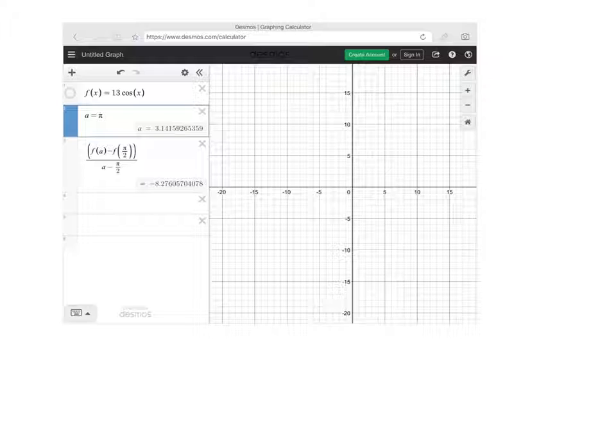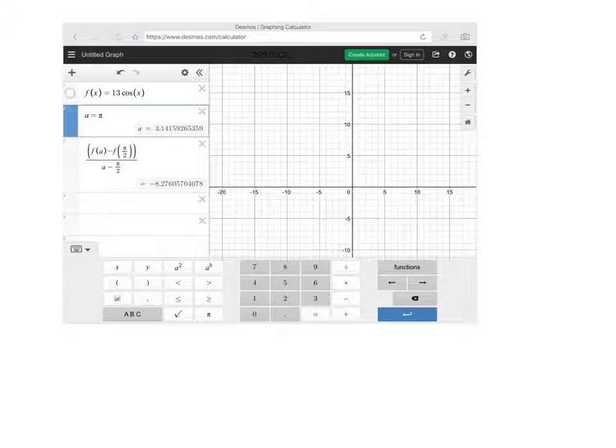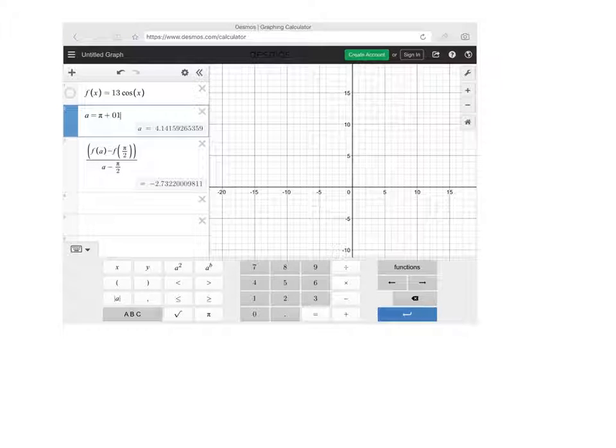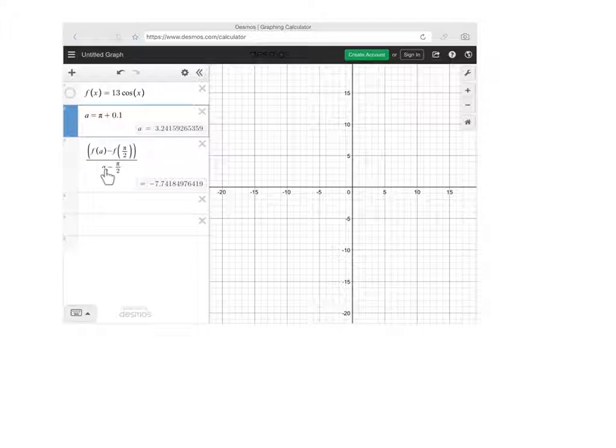So the next one is a equals pi plus 0.1. Now here, because I already defined what I want to compute, this is the slope of the secant line. So when I change this a here, it automatically changes the a here and a here. So I immediately get the answer. I don't really have to do a lot of calculation. So keep this in mind.